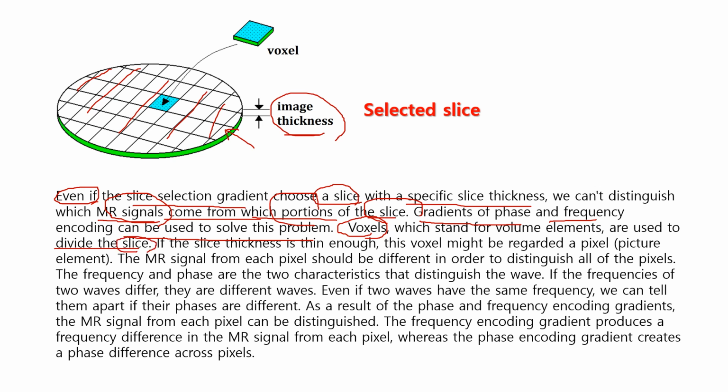If the slice thickness is thin enough, the voxel can be regarded as a pixel, a picture element.